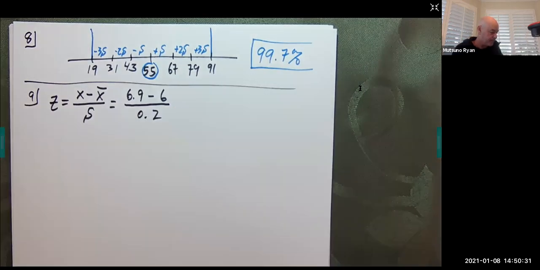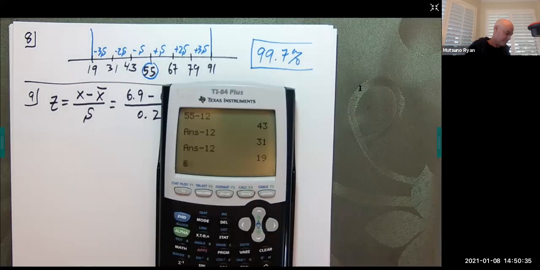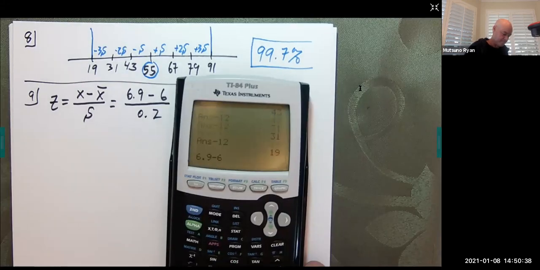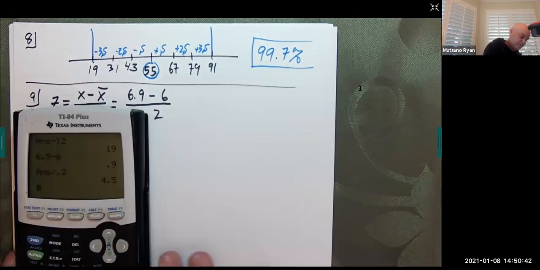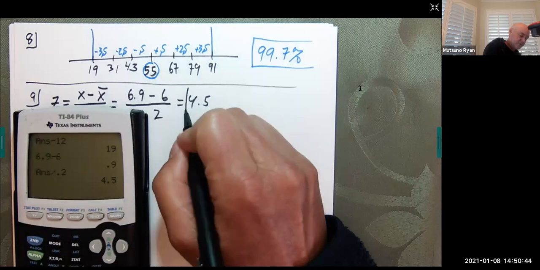Let's see what we get. 4.5. So there is his Z-score.